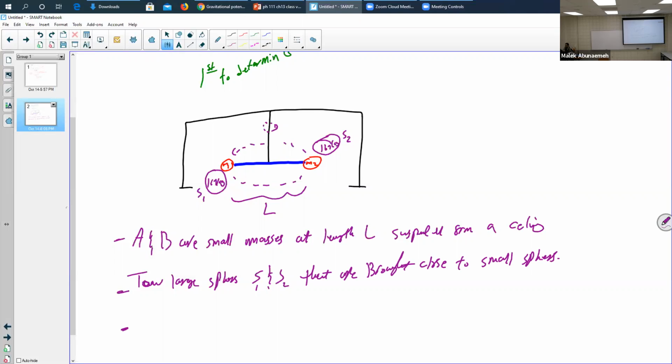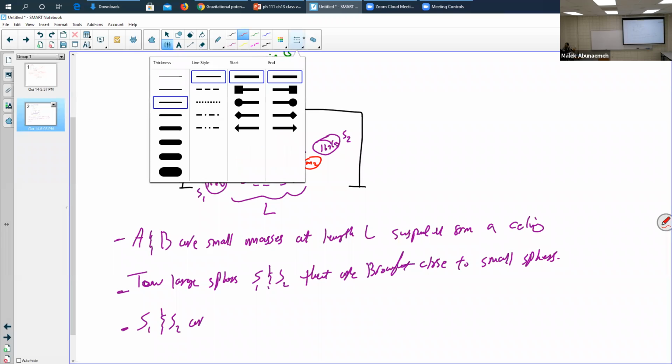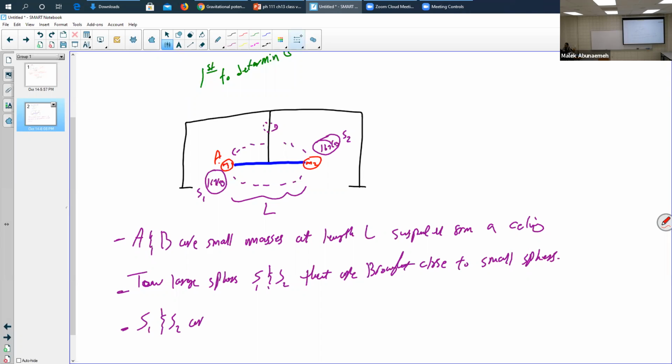Again, what he saw was that S1 and S2 attracted A and B, except M1 and M2, A and B. Yeah, I like that better.